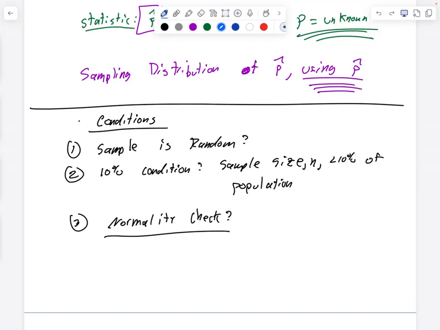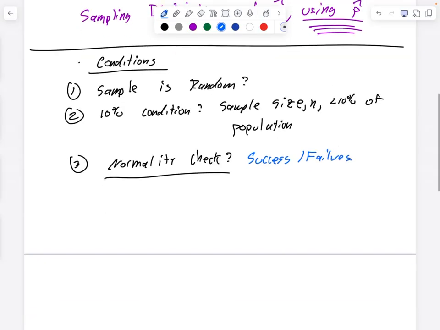It's covered by successes and failures. Thank you, Sam. So you're going to check N times P hat has to be at least 10, and N times 1 minus P hat must be greater than or equal to 10.